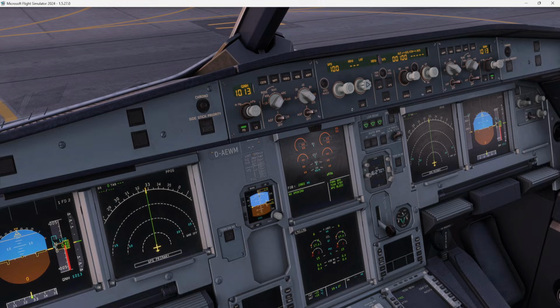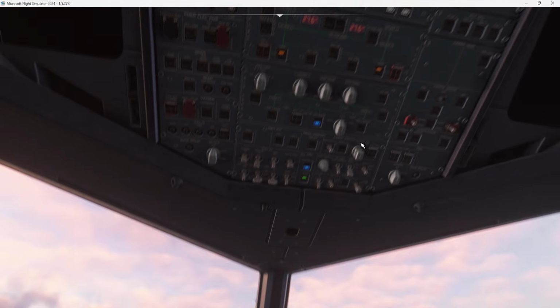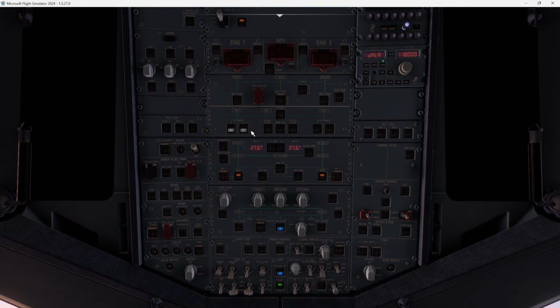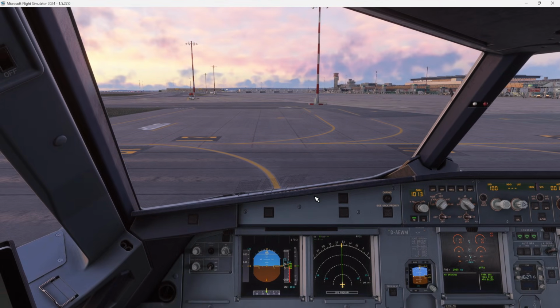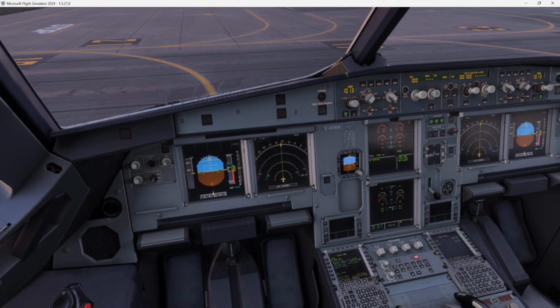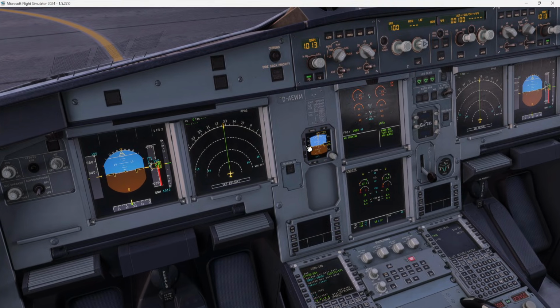So for sure we are going to turn on fuel pumps. We have APU bleed, and the APU is actually available. Now let's start the engine. So basically we are going now to talk about engine startup, and what you as a pilot should monitor.